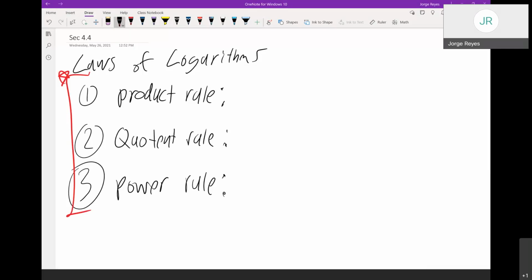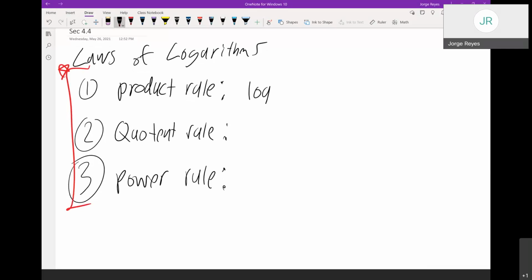So if you have a log, any base, and you have 2 things being multiplied inside, by the product rule, you can actually split the log with a plus sign.